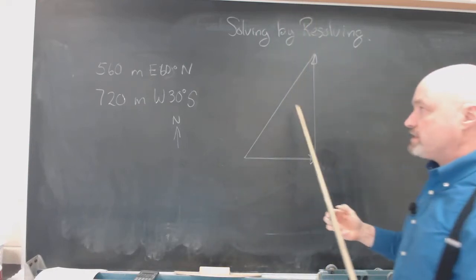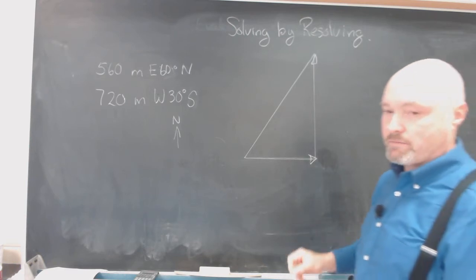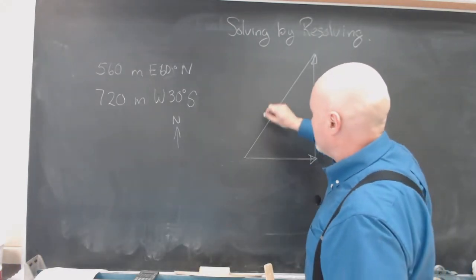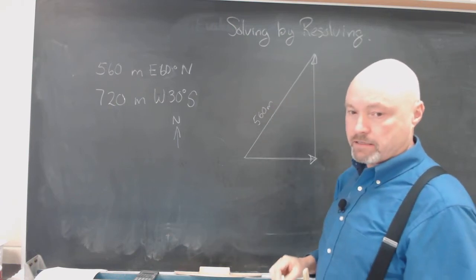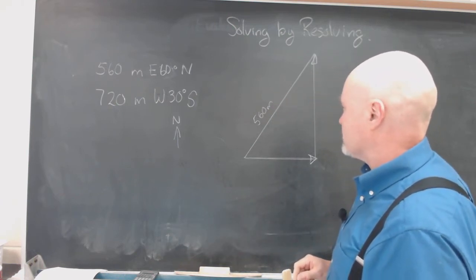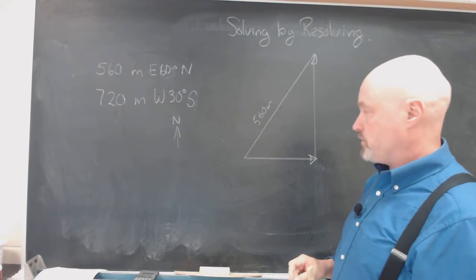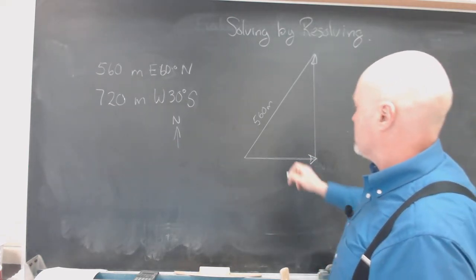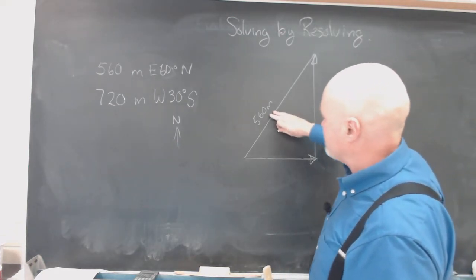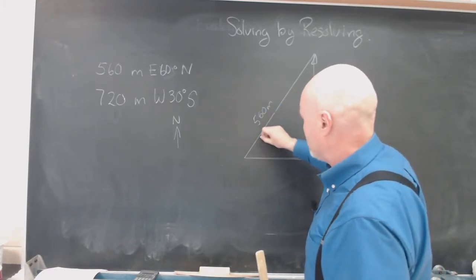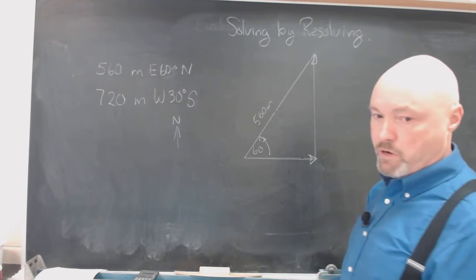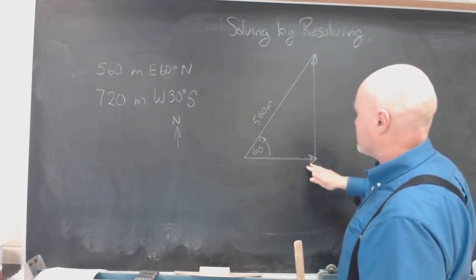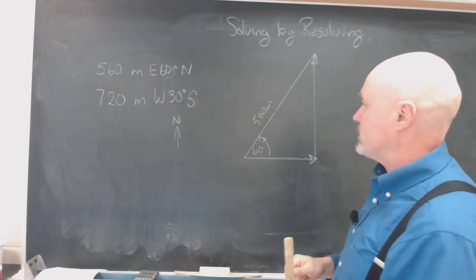This, in my opinion, is the easiest way to deal with vectors, which is to break them up into their component parts and then do the adding, because you don't have to do all the mental arithmetic or mental gymnastics that you normally do when you're doing sine and cosine law. So we started east, we swung up 60 degrees towards the north. That's what that means. So here's 60 degrees. We're going to break it into two components, one easterly component and one northerly component.